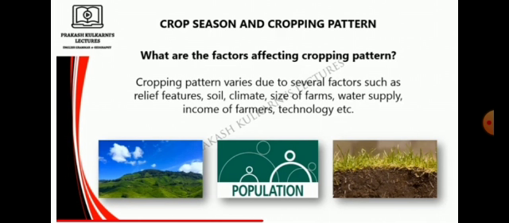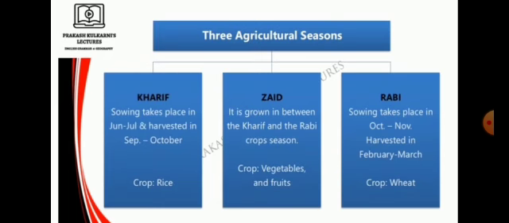The proportion of area under different crops at a particular period of time is called crop season. In India, there are three cropping seasons: Kharif, Zaid, Rabi.